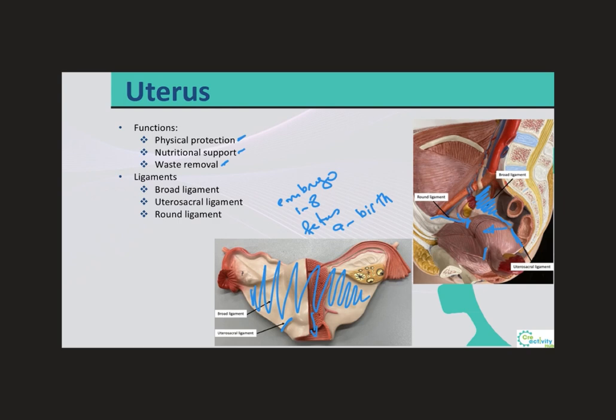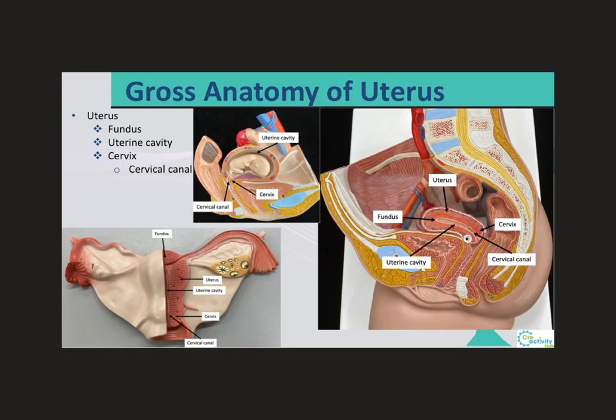Now, these round ligaments primarily restrict the posterior movement of the uterus. So if the uterus wants to move backwards posteriorly, then the round ligaments are the ones that will hold it in place. Let's talk a little bit about the gross anatomy of the uterus.